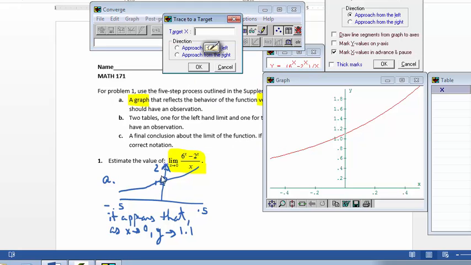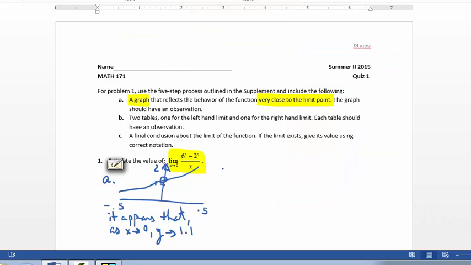Obviously my graph isn't as good as that one because theirs is labeled by tenths, but I didn't make it big enough to do that. But you can see clearly from the Converge graph that it's right around 1.1. You want to be able to get a good idea of what the limit is just by looking at the graph. Okay, so that's doing it graphically.